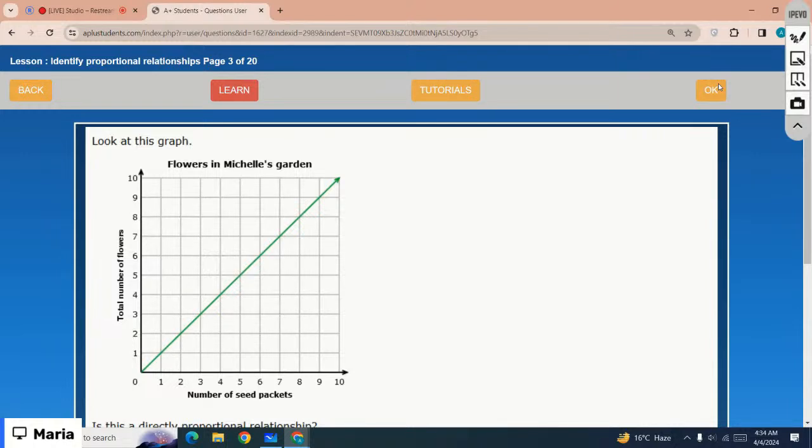Look at this graph. Is this a directly proportional relationship?